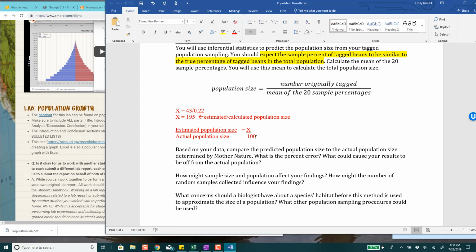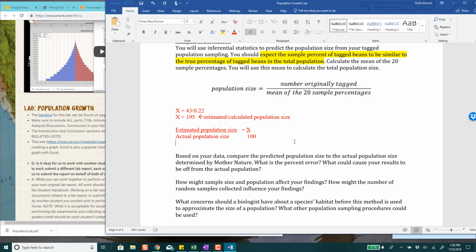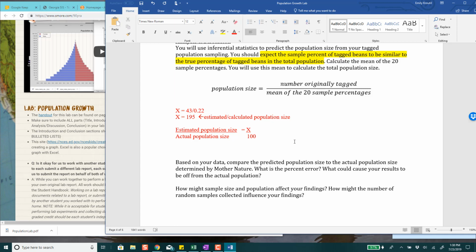Okay, so let's see if we can do that. I'm going to do kind of the algebra for you. That way it'll be a little bit easier for you. Estimated population size.